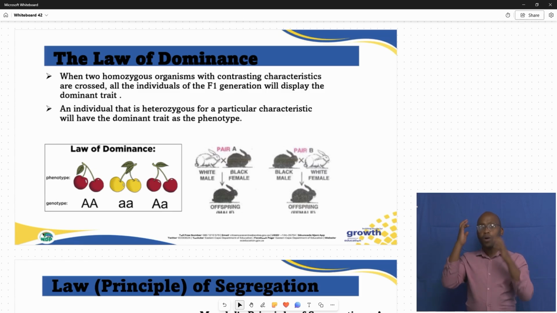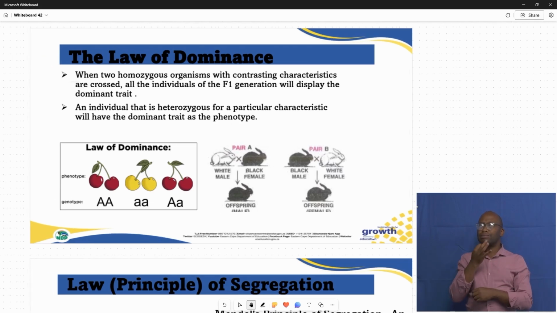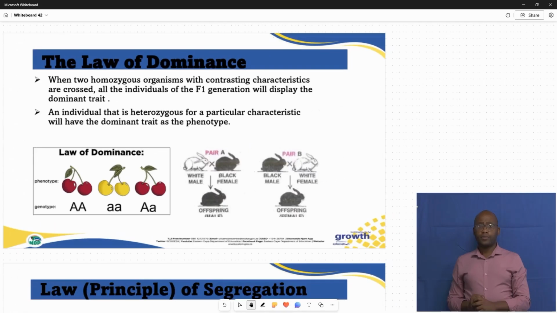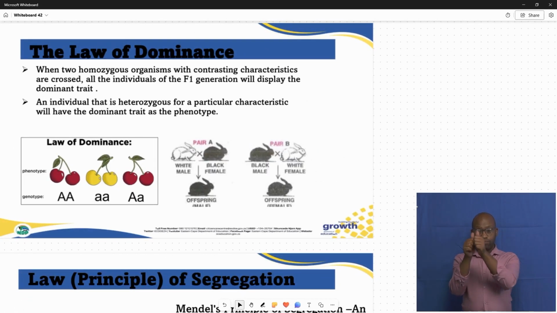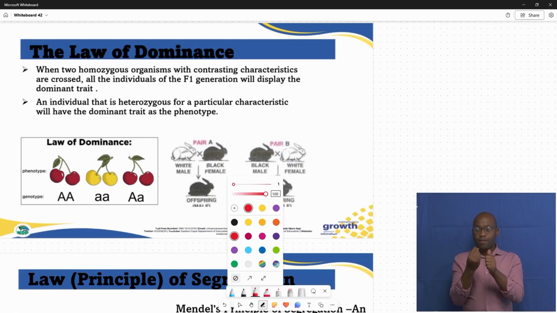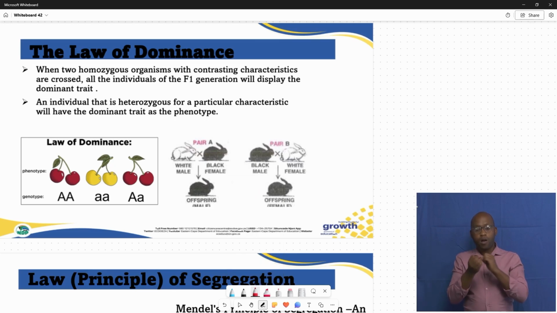Now, let us look at Mendel's law of dominance. What is it saying? It is saying that when two homozygous organisms with contrasting characteristics are crossed, all the individuals of the F1 generation will display the dominant trait. Now, what does it mean to have contrasting traits? Let's make an example.